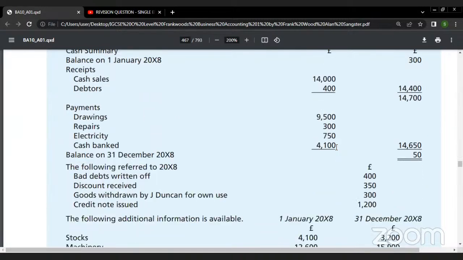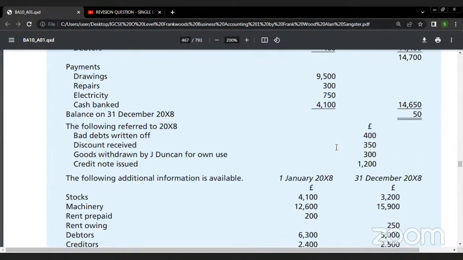No. But we have a rent owing as at the end of the period. We have rent owing as well as the rent prepaid. So we have to find out exactly how much rent to take to our statement of profit or loss as the expense.